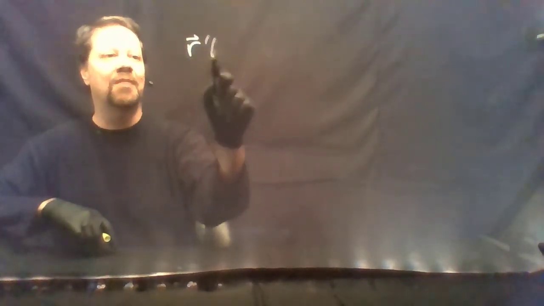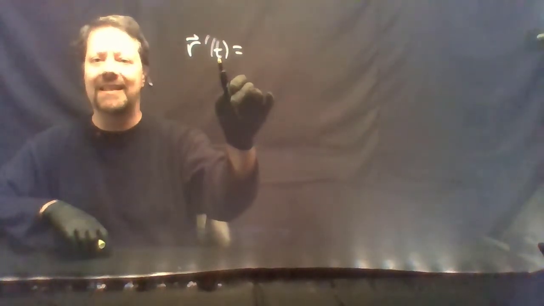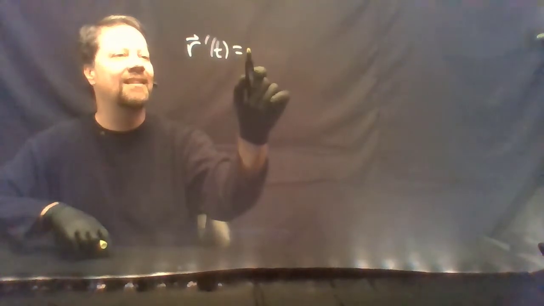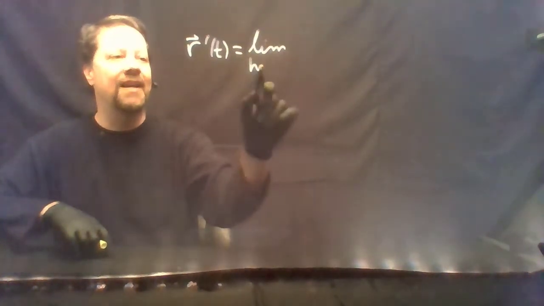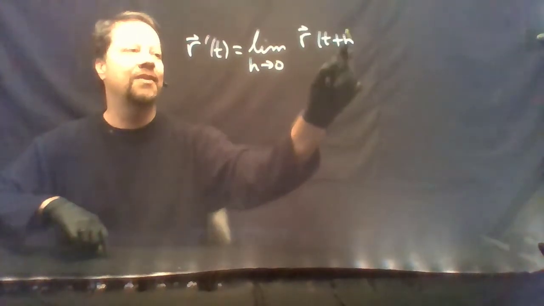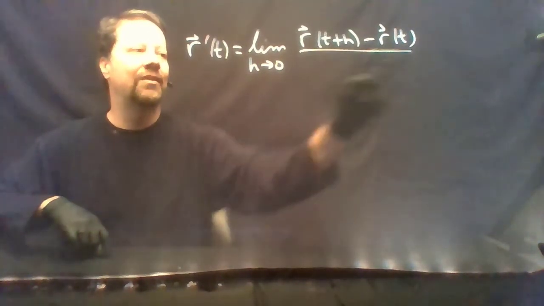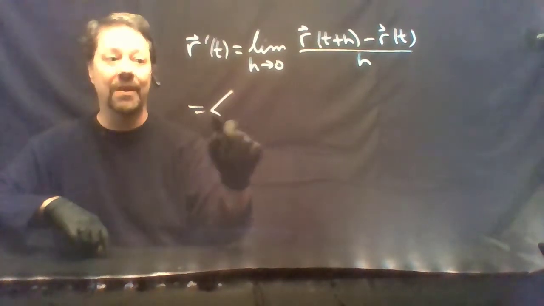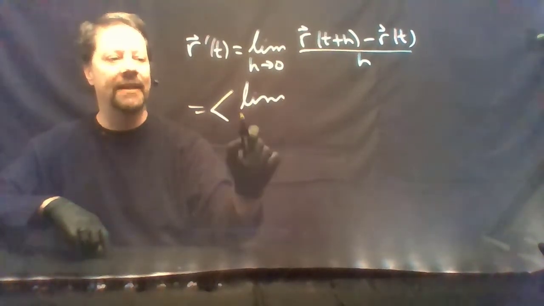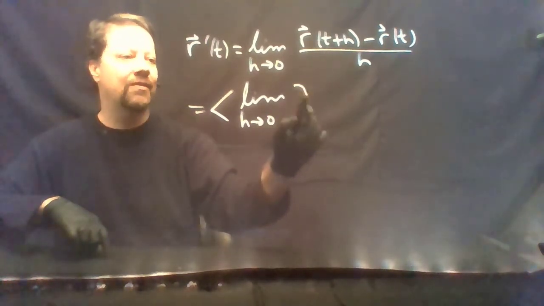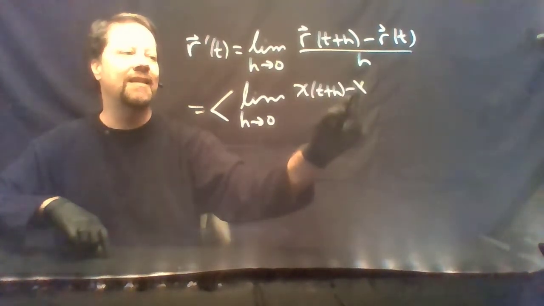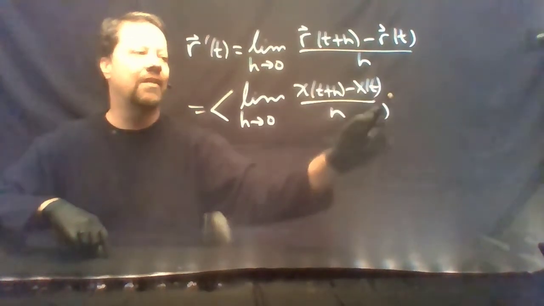Now, limits happened coordinate-wise. Do derivatives? Let's find out. Let's look at r prime of t. Okay, it should be a dot, but I'll write it as a prime because I'm not necessarily thinking of t as time. It's just a parameter. It's the limit as h goes to 0 of r of t plus h minus r of t over h. Now, according to the limit rules, you can take the limit of each coordinate. It's going to be x of t plus h minus x of t over h, comma.